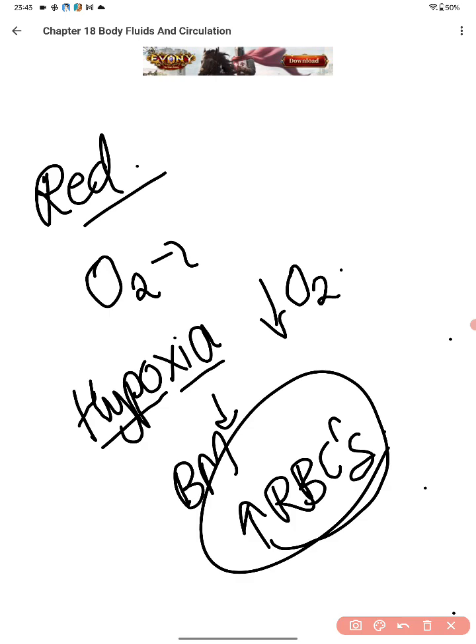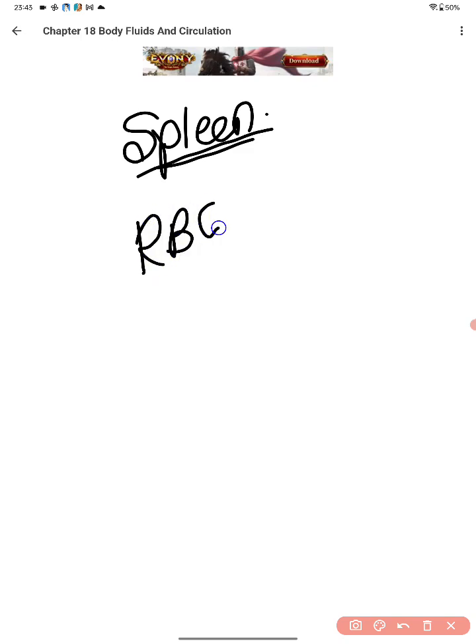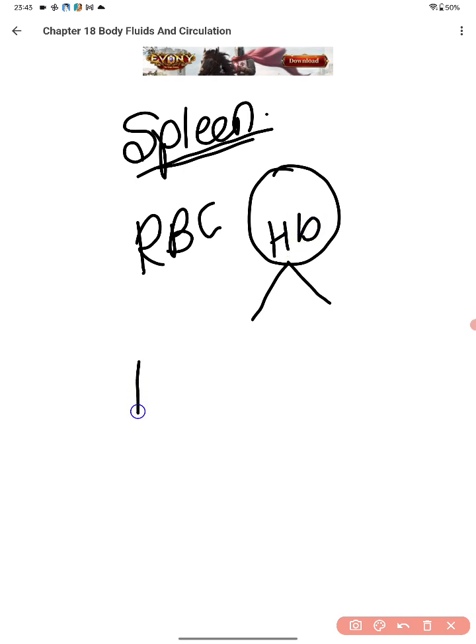The spleen is a very important organ. It helps in the destruction of RBC. After destruction of the RBC, the hemoglobin has a heme part and a globin part.